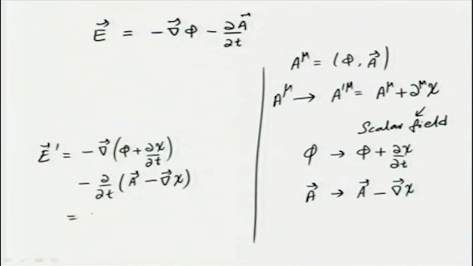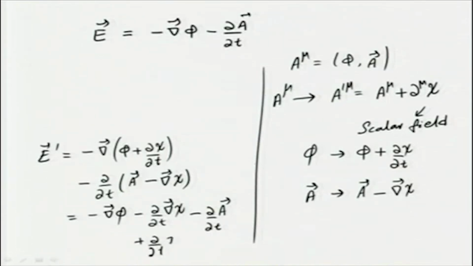and this is equal to minus grad phi minus derivative of grad chi minus dou by dou t of A minus of minus plus dou by dou t of grad chi, which is equal to the original E, because the second and the fourth terms are exactly the same excepting that their signs are different.